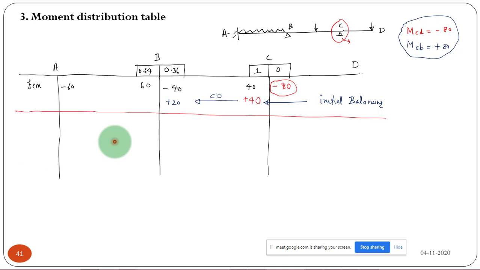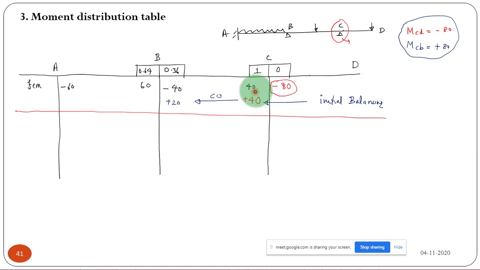The next step is supposed to be balancing. But before balancing, we know the final value for MCD will be minus 80, and the final value for MCB should be plus 80.